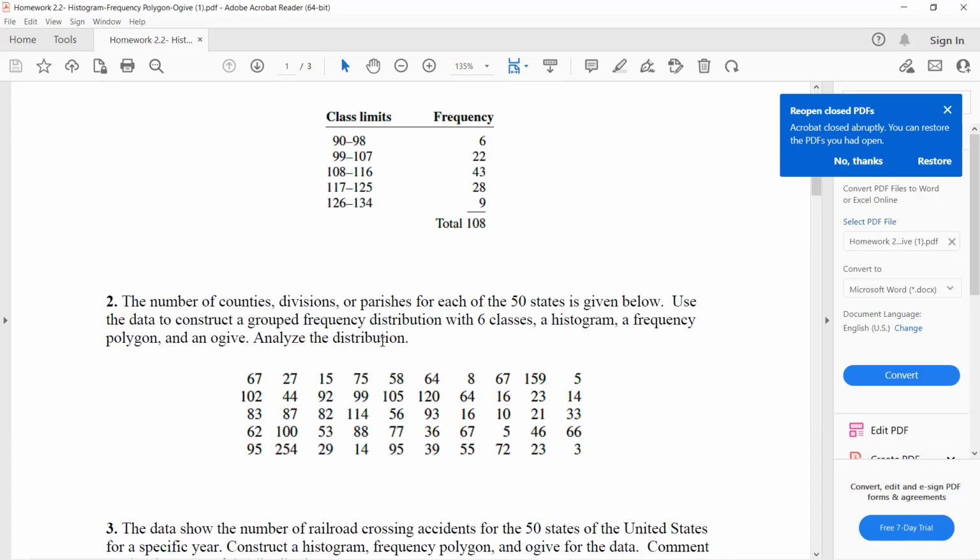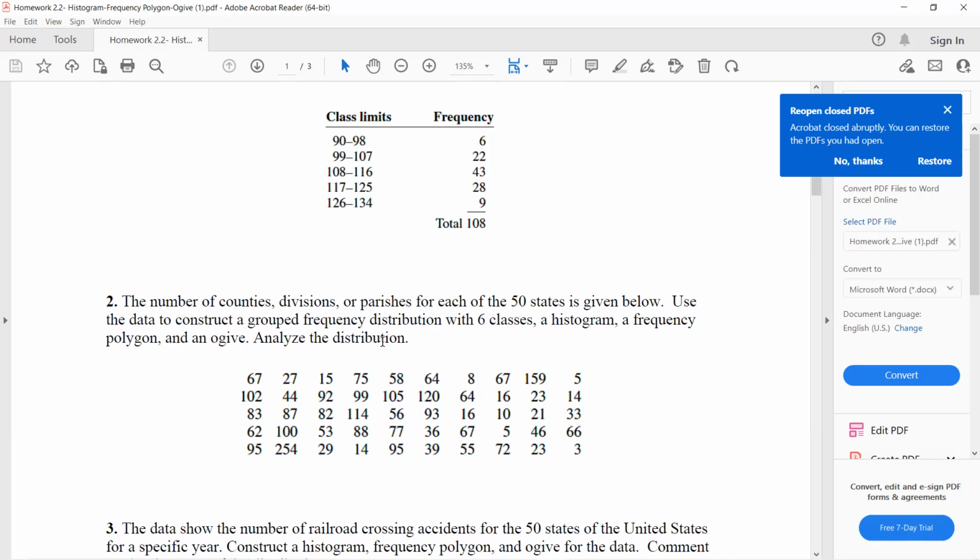It looks like, let's see, I see 62, I see 44, I see 15. I see 8, okay, so your minimum is 8, is that the minimum? Oh no, we have a 3. Okay, and it looks like we have a 159.